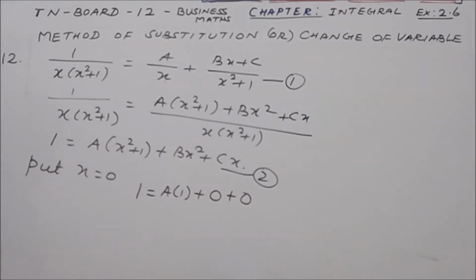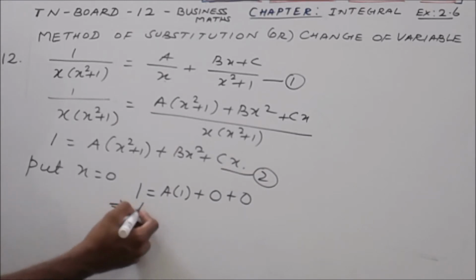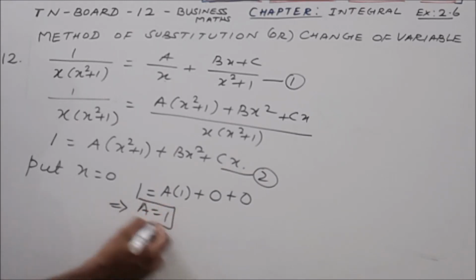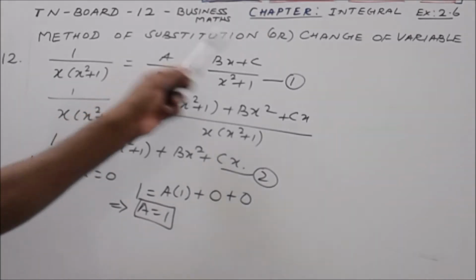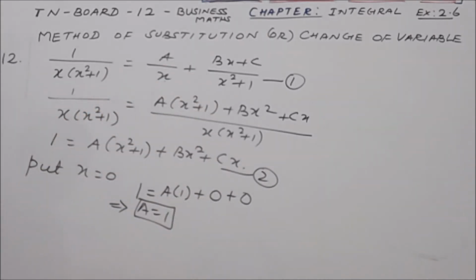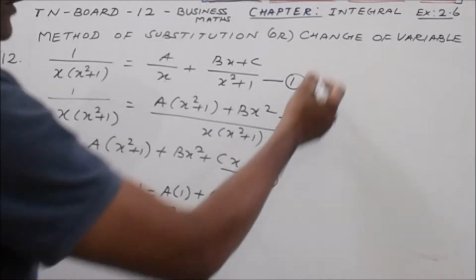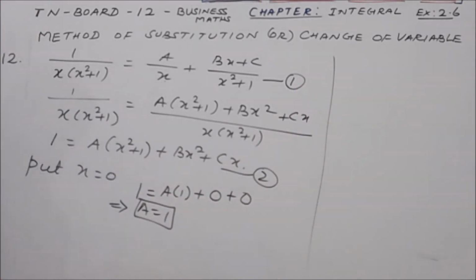So we have got the value, that is a equal to 1. We have derived the value a equal to 1. To find the two more values, b and c, I am choosing the equating coefficient method here. That is very easy comparatively with other methods.